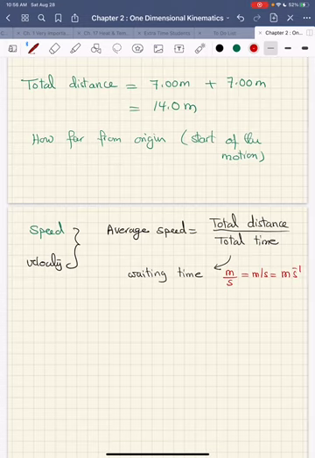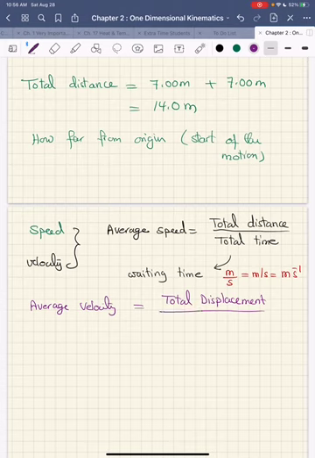If I wish to calculate now the average velocity, it has direction in it, and it's going to be the total displacement divided by the total time. And also, I will say we can write it in notation.